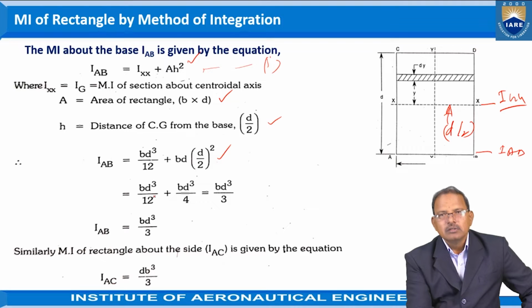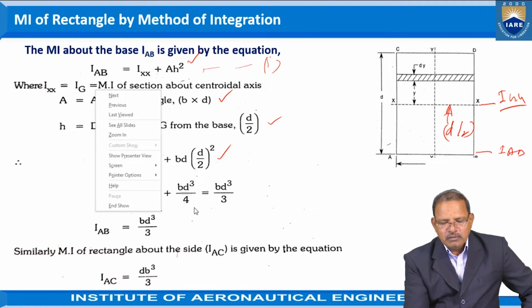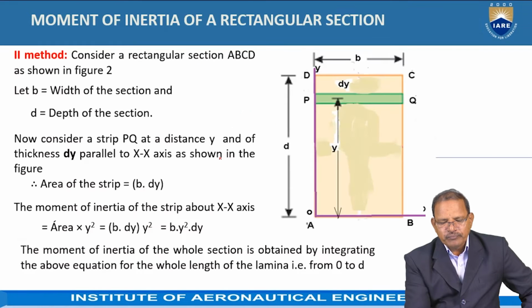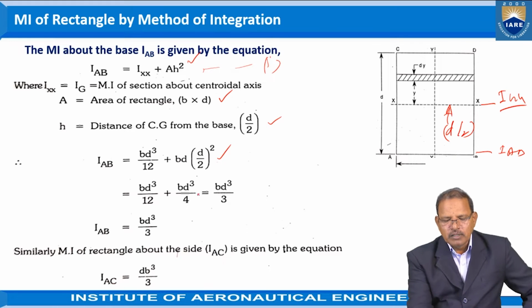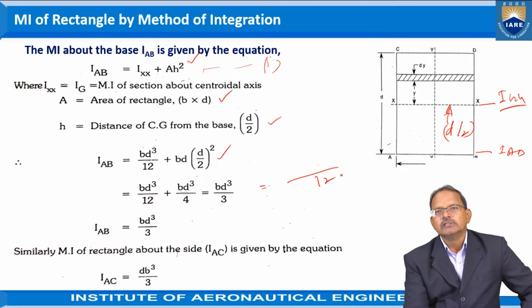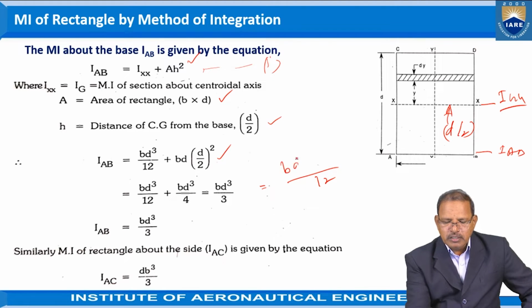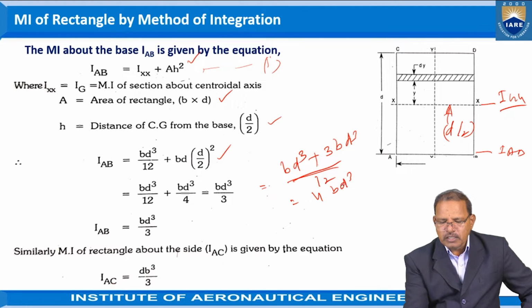which is equal to BD cube by 12 plus BD cube by 4. Here the 12 is the LCM, so we get BD cube by 12 plus 3BD cube by 12, which is equal to 4BD cube by 12, which is equal to BD cube by 3.